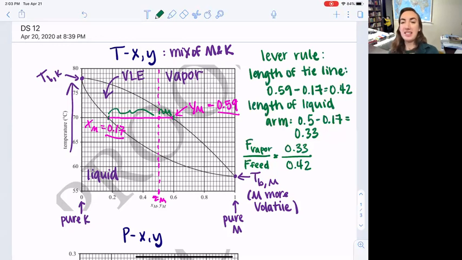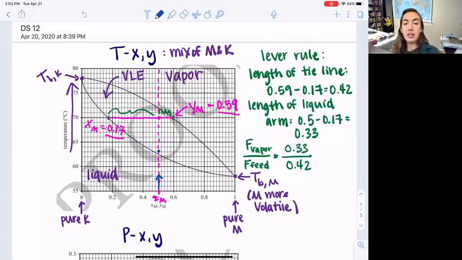And like I always say, I don't want to memorize things. So I always think of a really simple edge case. So sort of an example that I find easier to think through. So if we take our same feed stream, we have a liquid stream somewhere down here at 0.5 mole fraction. And then what we're going to do is we're going to heat it just barely into the liquid vapor region.